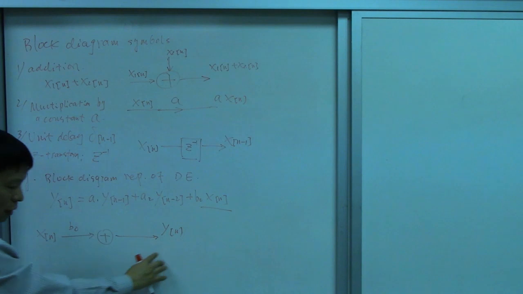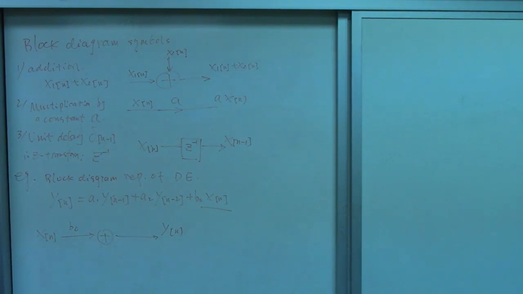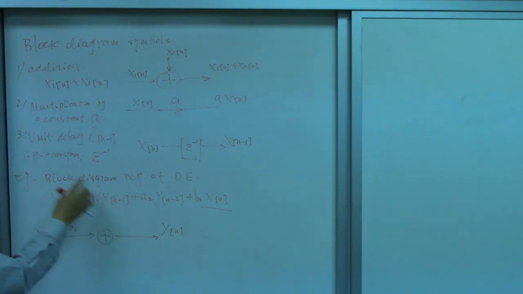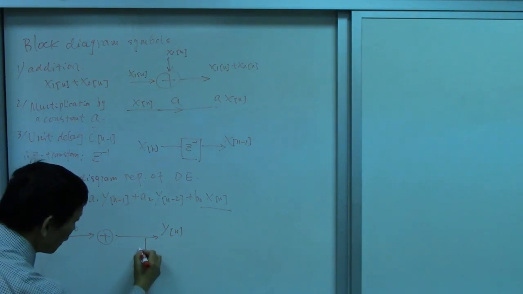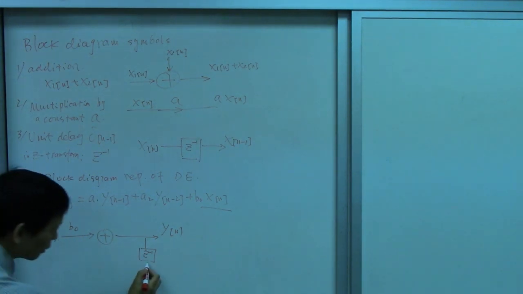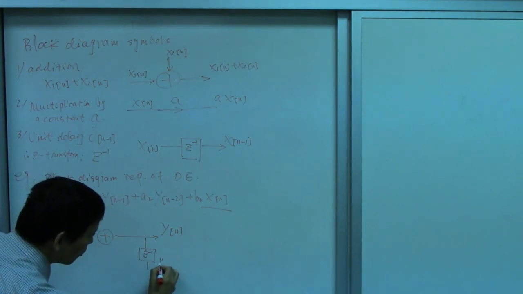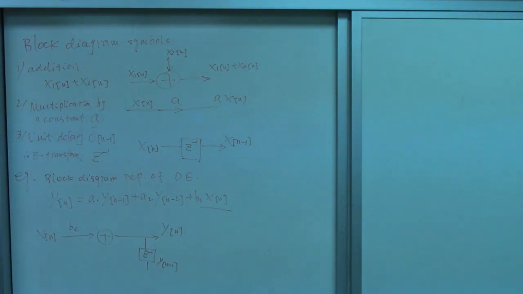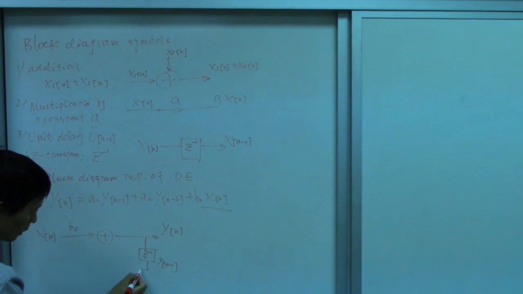So we know y[n] is here, and we need y[n minus 1], which is unit delay. So we are going to go this way, and right here, z to the negative 1. So what we have here is y[n minus 1], delayed by one time. Does that make sense? Now, for this one, we need to multiply by a1. So we go this way and add to this, but we have a1 here.